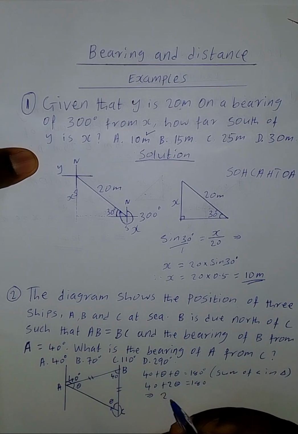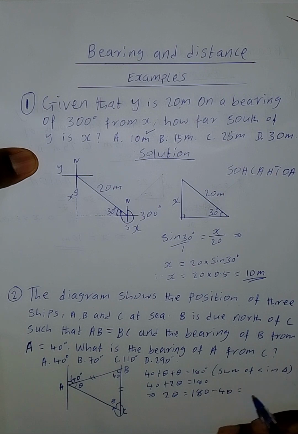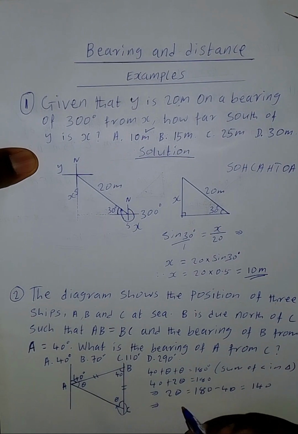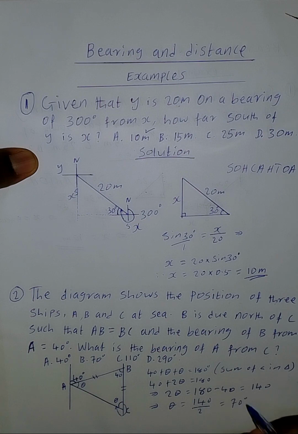This means that 2 theta must be equal to 180 minus 40, and that's equal to 140 degrees. Means that theta is equal to 140 degrees divided by 2, and that should be 70 degrees.